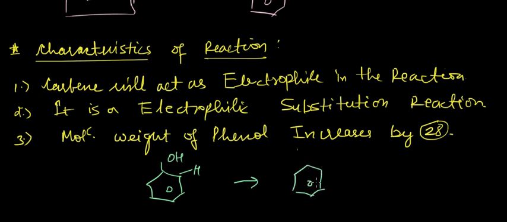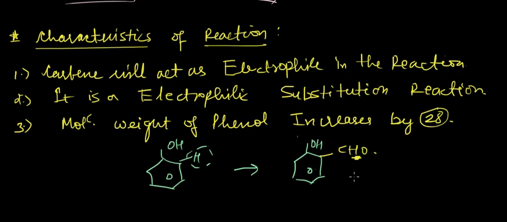Why? Because at the position of H here, we are replacing it with CHO. So this H's molecular weight was already there in the present compound, and in this new compound only C and O atoms are getting attached, so the molecular weight will increase by 28.